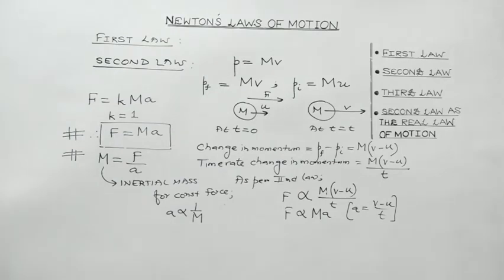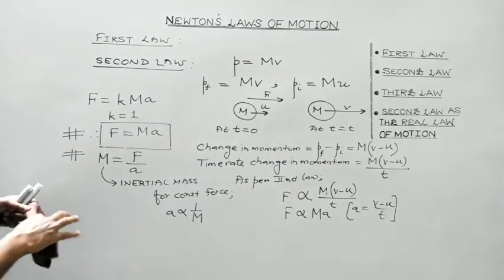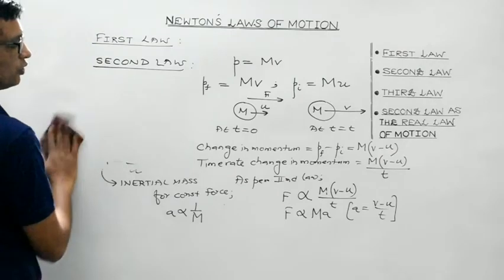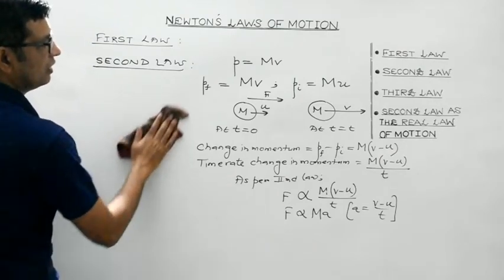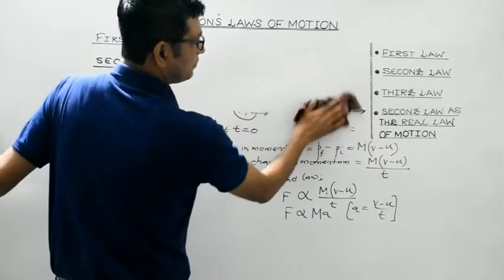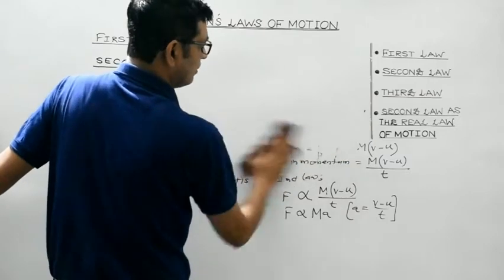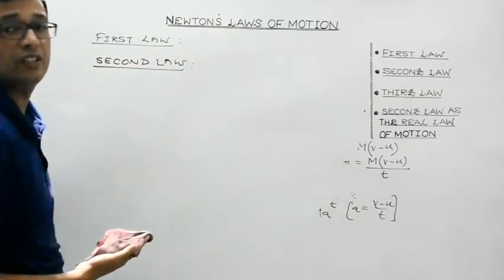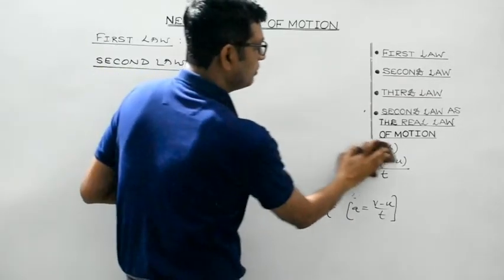Now before we proceed, we need to discuss some applications of Newton's second law as well. Just now we have discussed Newton's second law can be stated only and only in terms of the time rate change in the momentum of the body.